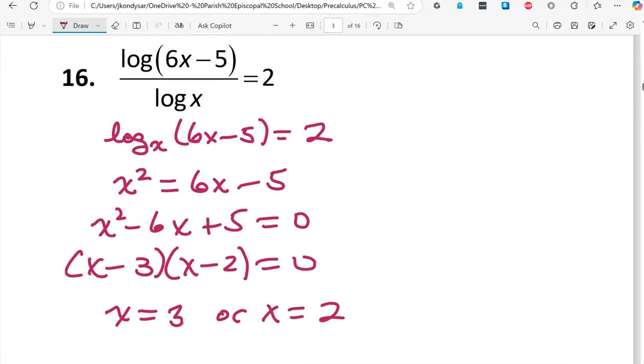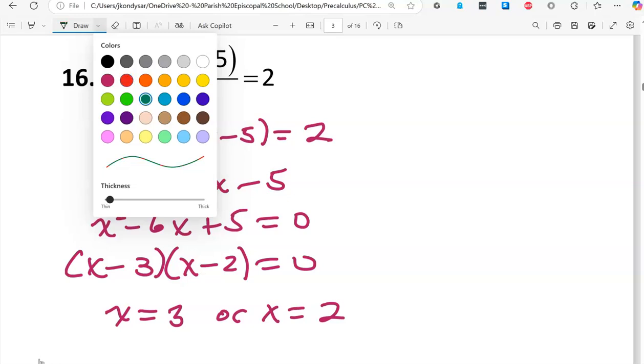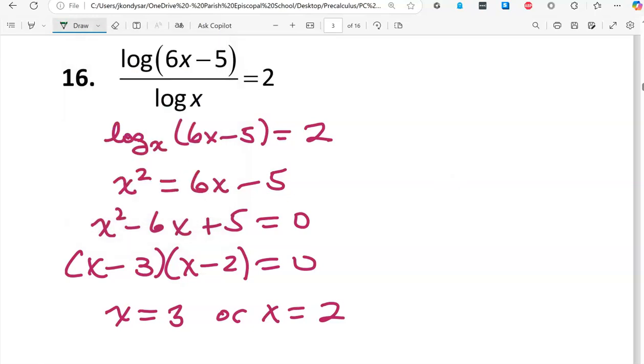Now we can check both of those solutions and see if they do give us logs of positive numbers. So if I replace x with 3, the argument of the log in the numerator in the original equation is 18 minus 5 or 13, and the log in the bottom is log of 3.